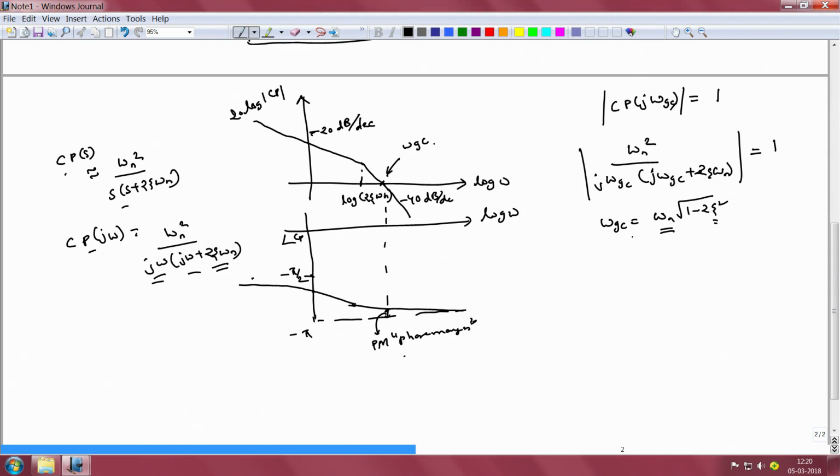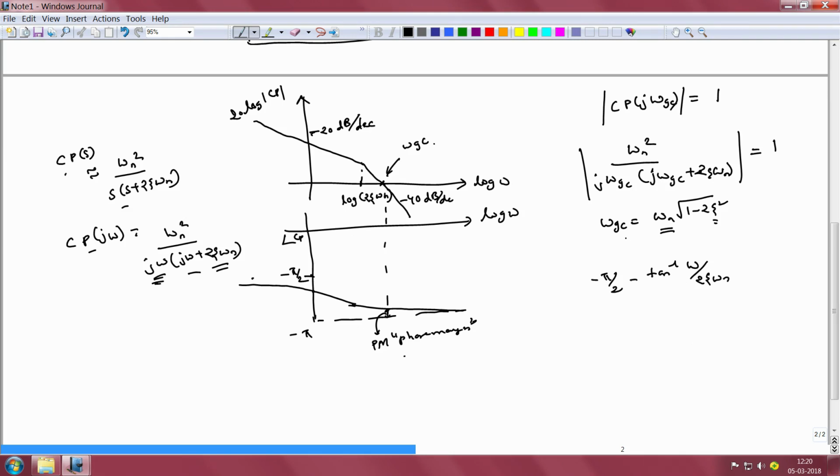Now that we have identified the gain crossover frequency, we can also estimate the phase margin, because the phase of this approximate open loop system would be given by the phase of the integrator, and the phase lag of the integrator is a constant at all frequencies, equal to minus pi by 2, and the phase lag added by the other pole at s equal to minus 2 zeta omega n will be equal to minus tan inverse of omega by 2 zeta omega n, where omega is the frequency at which we are evaluating the phase of that transfer function.